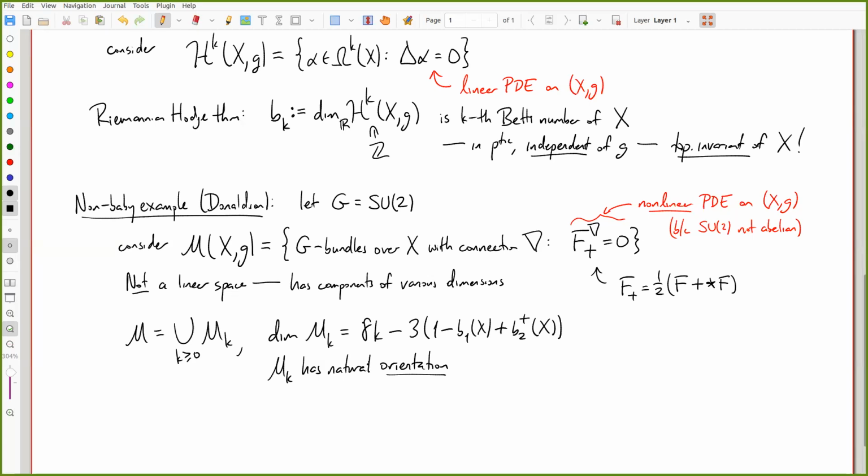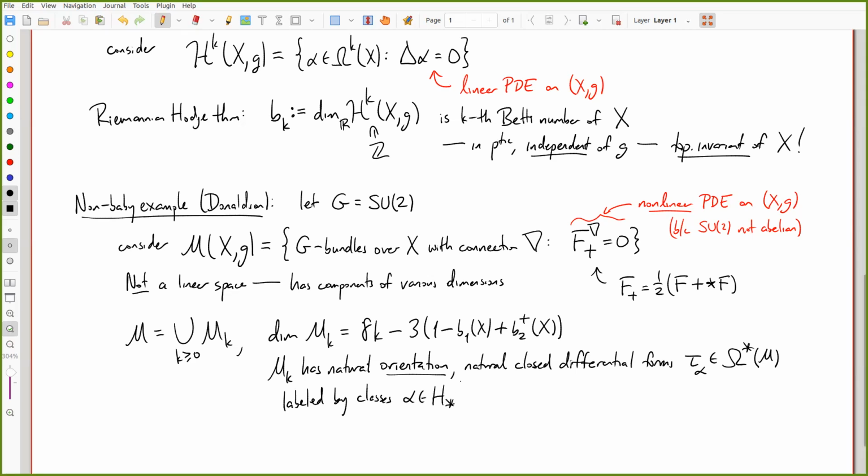Well, it turns out that this moduli space also has natural closed differential forms. Call them tau alpha, labeled by homology classes in our manifold X. And I think, if I remember right, the degree of tau alpha is 4 minus the degree of alpha.